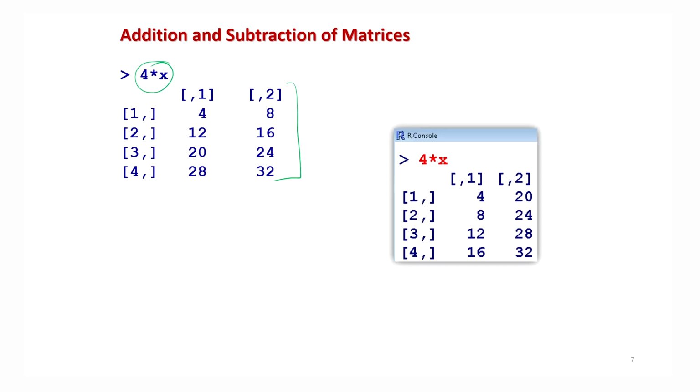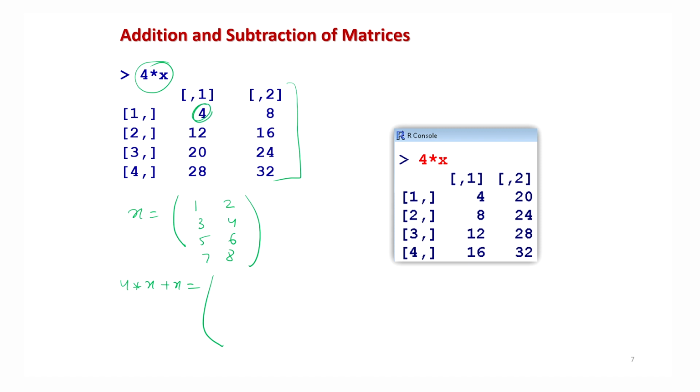And how is this operation going to work? Your 4 into x is like this, and x here is 1, 2, 3, 4, 5, 6, 7, 8. So when we are trying to add or subtract, it becomes element wise. When I say 4 into x plus x, the elements at the same addresses in the two matrices will be added.